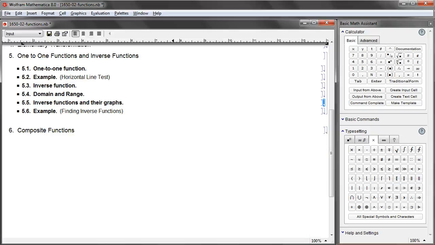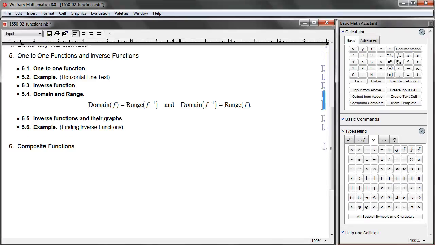x is going to y, y is going to x, and that'll help you understand this relation. The domain of f is the range of the inverse function, and the domain of the inverse function is the range of the original. Why is that? Domain is allowed x coordinate values, and range is allowed y coordinate values. And if you look at the inverse function, we're pretty much switching x and y, isn't it?